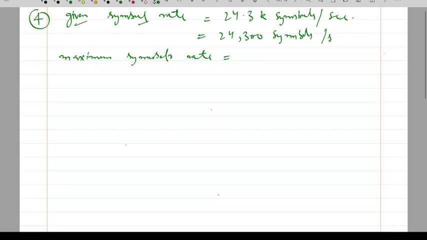So this we represent with NB, the maximum number of bits, and more than one bit when we combine, that creates a symbol. So here NB, the total maximum number of bits, is equal to the symbol rate Rs multiplied with the coherence time, tau of C. So here symbol rate is 24,300 symbols per second, multiplied with coherence time.